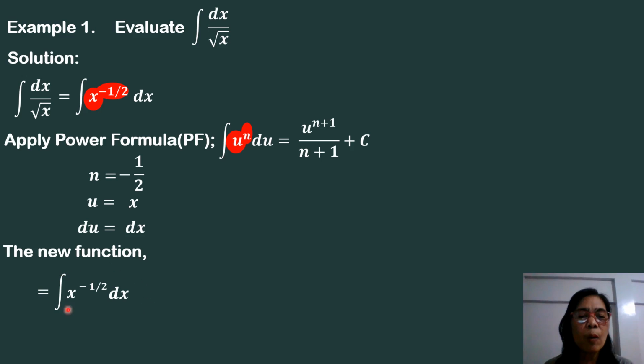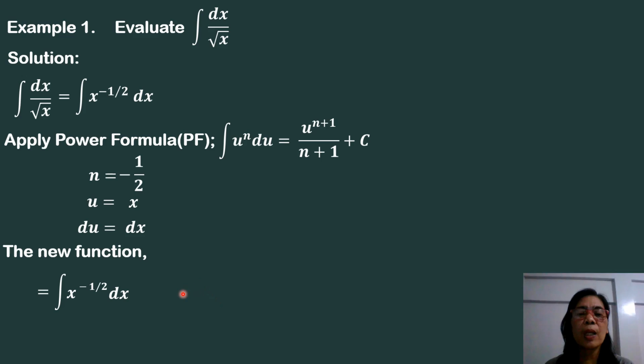This function now follows the left side of the power formula. Your next step before you proceed to applying the right side of the power formula is you have to compare if this function is equal to the given function. So we have here the given is integral of x raised to negative 1/2 times dx. Our new function is integral of x raised to negative 1/2 times dx. Notice that they are exactly the same.